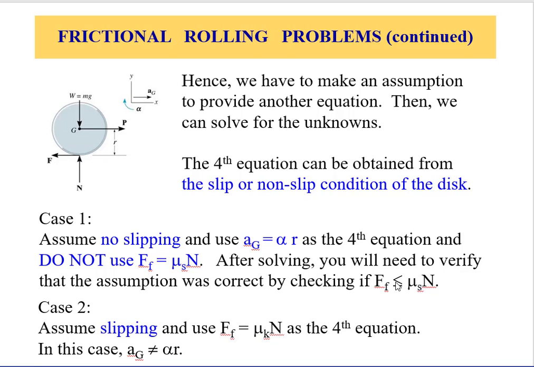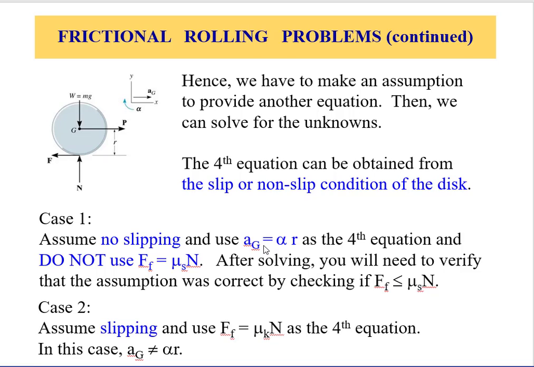And when it slips, then we have another type of equation where this force is going to be equal to μk N. So instead of using that, we use this one if it's slipping. So you always should start with the no slipping assumption and use that equation.